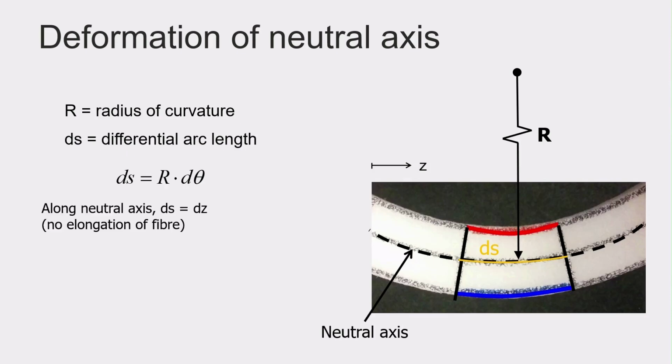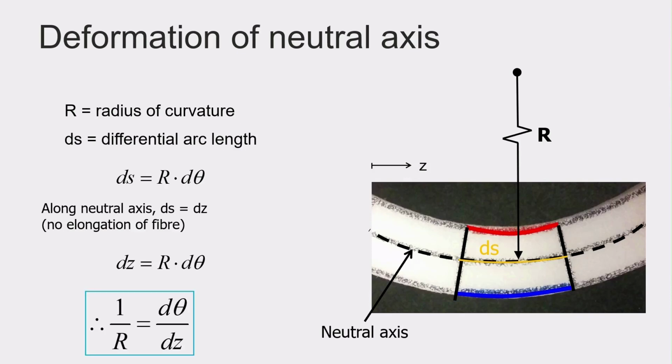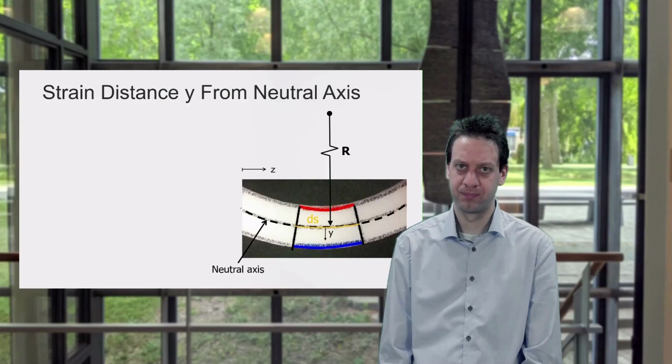Hence, the original length of this part, dz, is equal to the deformed length ds. Hence, dz is equal to r times d theta. And this we can rewrite to 1 over r is equal to d theta over dz. This is the first equation that we will use later on, so remember this one or write it down.